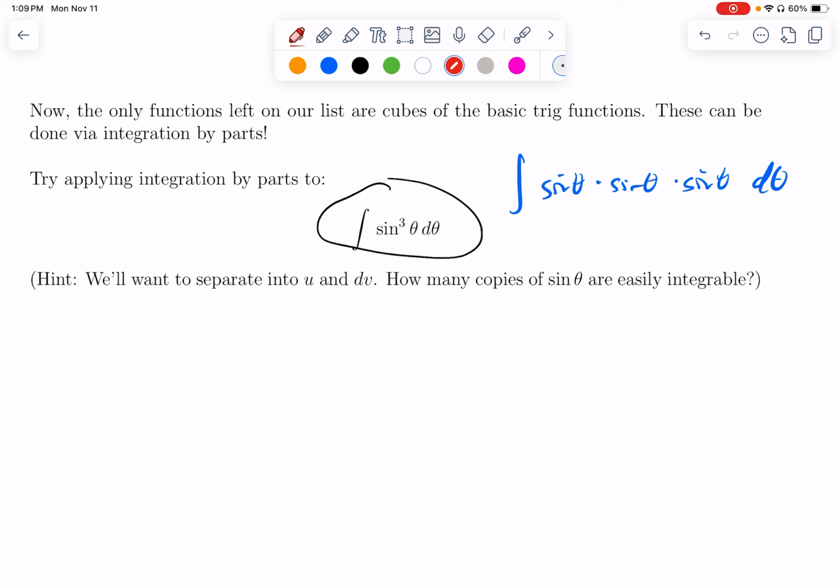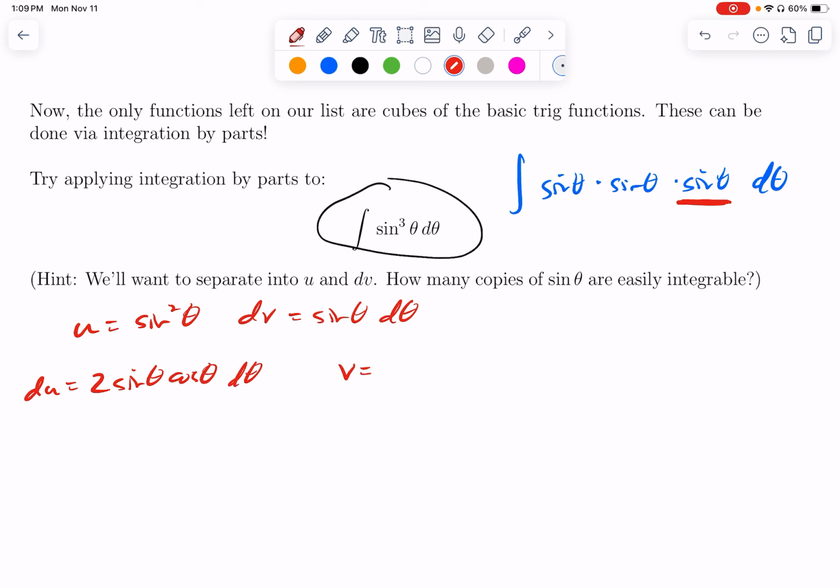So my hope is that you realized integrating one copy of sine theta is very straightforward. Integrating more than one copy of sine theta involves one of these tricks. So let's suppose that u is sine squared theta and dv is sine theta d theta. So we're separating. Two of the sine thetas go in u, the other one goes in dv. So du would be 2 sine theta cos theta d theta. v is the integral here, which is negative cosine theta.